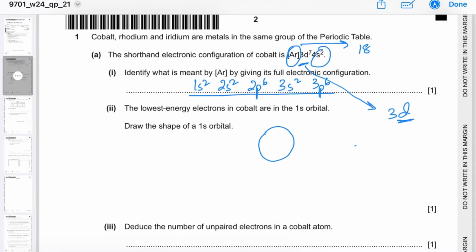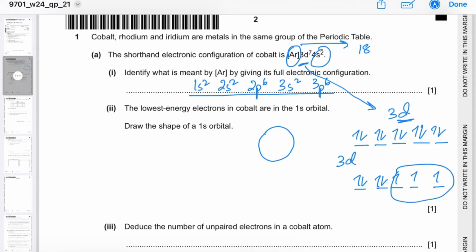Remember, subshell D has 5 orbitals that can carry a total of 10 electrons with opposite spin pairs. Now 3d7 means first all of the empty orbitals are filled by 5 electrons. The 2 remaining electrons will pair up, and so that leaves you with 3 unpaired electrons.